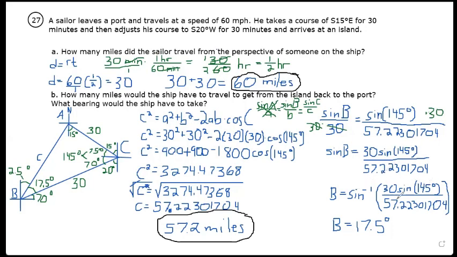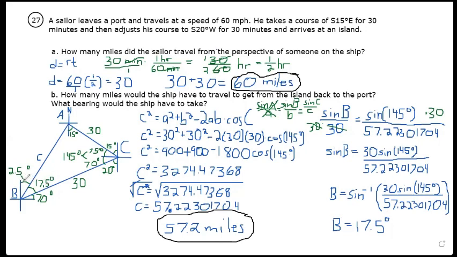So it's the inverse sine of this particular expression. Then we can put this into the calculator. We have to be careful to make sure that our calculator is always in degree mode, because if it's in radian mode, we're going to get the wrong answer. Once we put this into the calculator, we get B is equal to 17.5 degrees. So we can put 17.5 here.